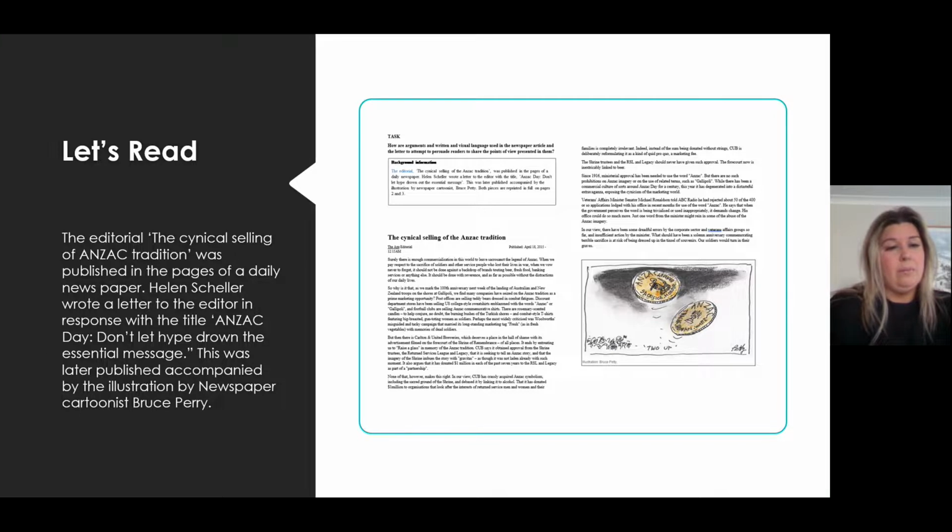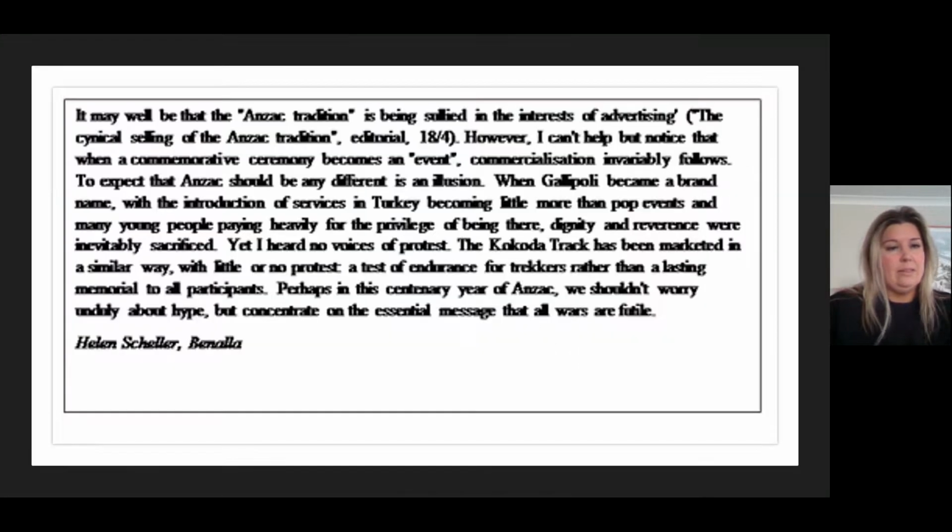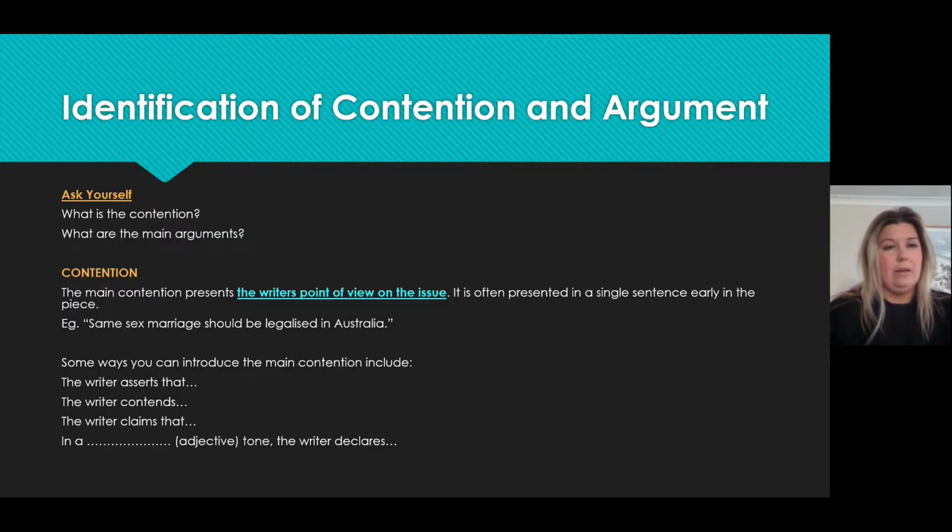This was later published with an accompanying illustration, separate to the returning letter and separate to the original editorial, by cartoonist Bruce Perry. You can see there the separate letter, and again, there is an accompanying image.